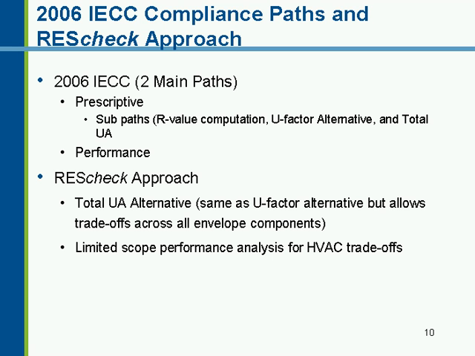I showed you the R value computation, the R value table. There's also the U factor alternative, which was just the previous table I showed you, and there's also the total UA, U factor times area. The U factor alternative is for individual components. The total UA is for all your exterior thermal building envelope components based upon UA for the entire building envelope.